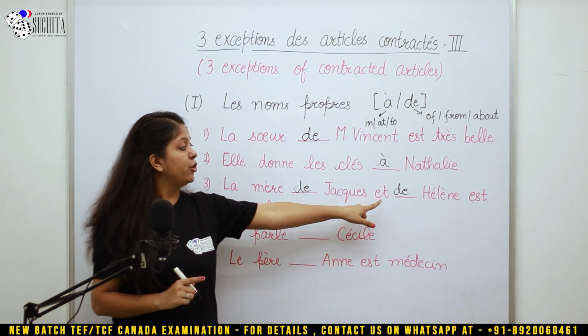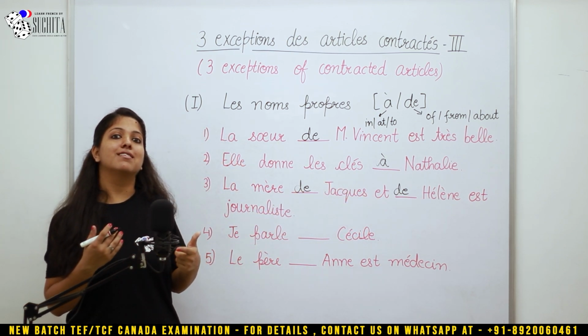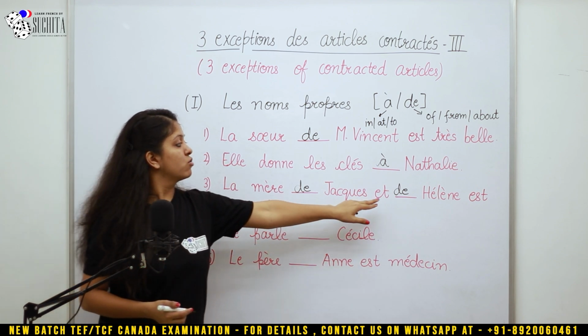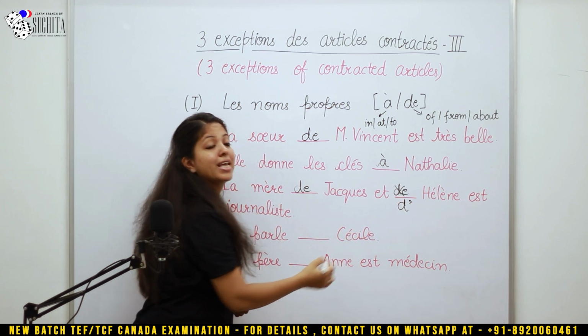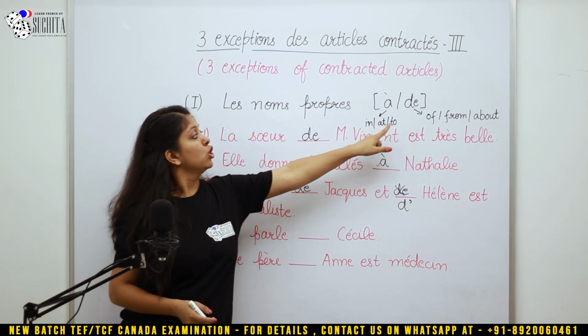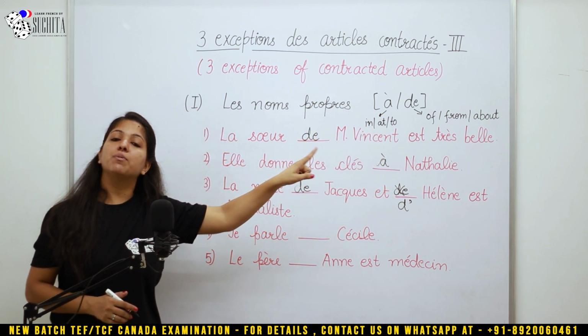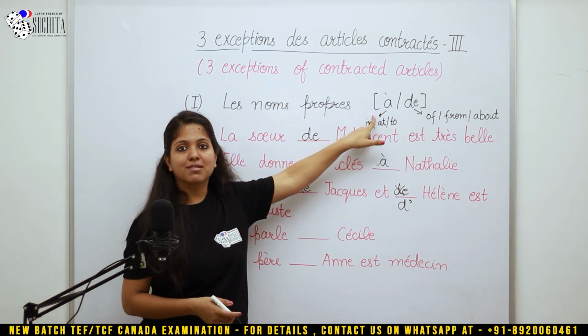But here, since Hélène begins with a vowel, or I should say it's a mute letter H, this de will change into d'. So what is the rule? De changes into d' if you have a vowel after it, but à doesn't change.